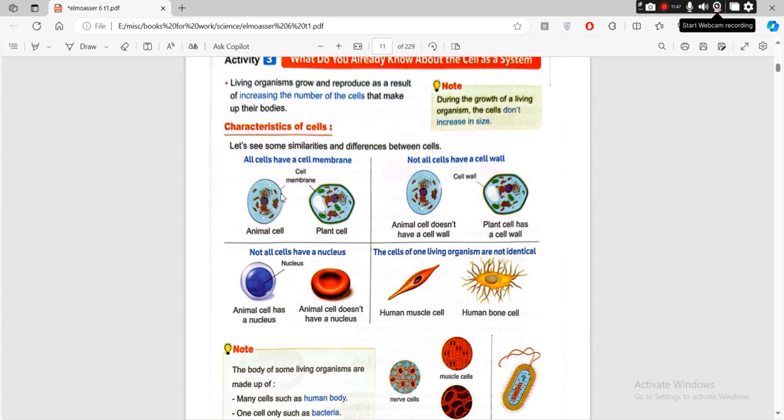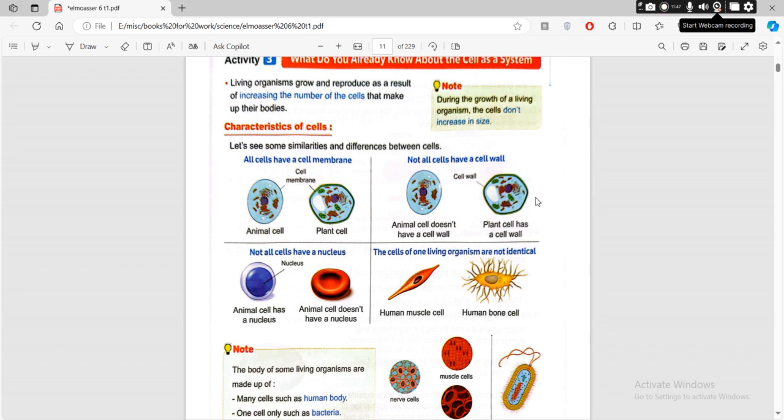Well, what is a cell membrane? It's the part that surrounds the cell. And both animal and plant cells have it. We're going to discuss all the cell parts in detail later on in next lessons.